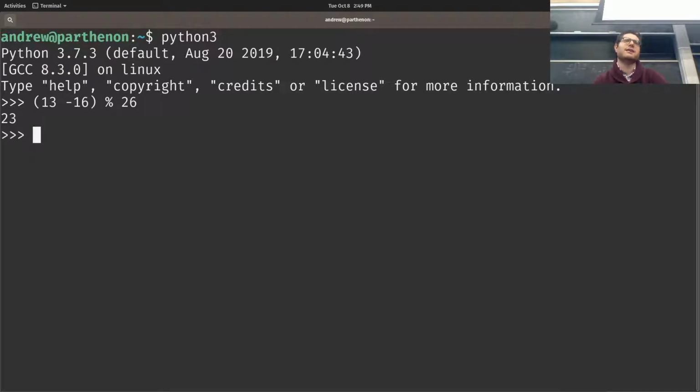I get 23, which is helpful. -3, right? So what is 13 minus 16? 13 minus 16 is -3, right? So if we're starting from 0 and counting backwards, 25, 24, 23. Because we're in a modulo 26 space.